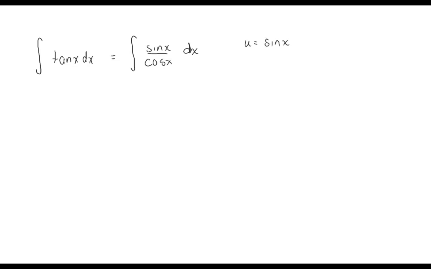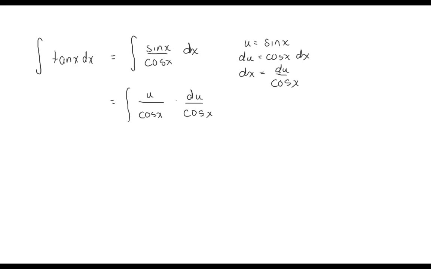If I let u equal the numerator, sine x, du is cosine x dx. So dx is du over cosine x. And if I take this route, I've got the integral of u over cosine x times du over cosine x.